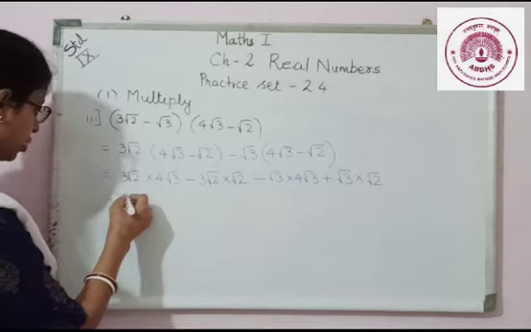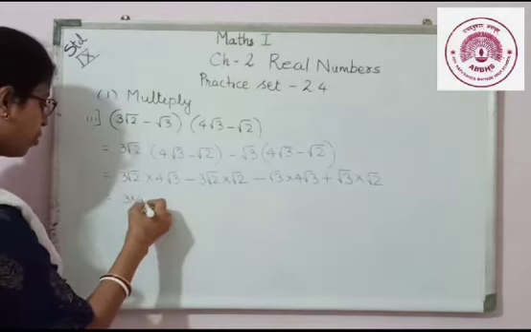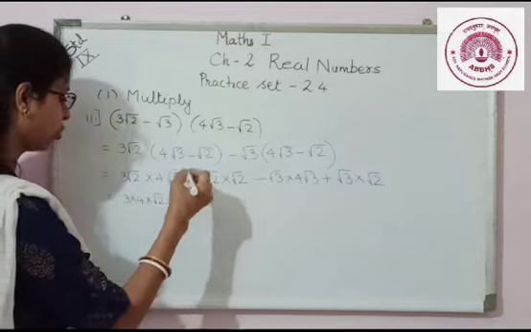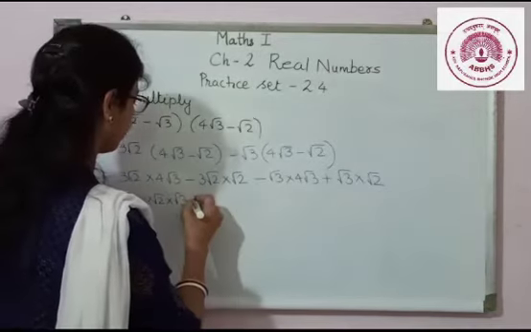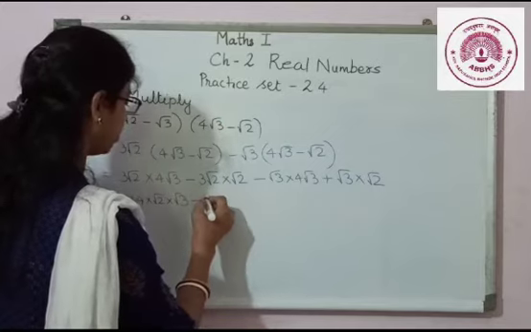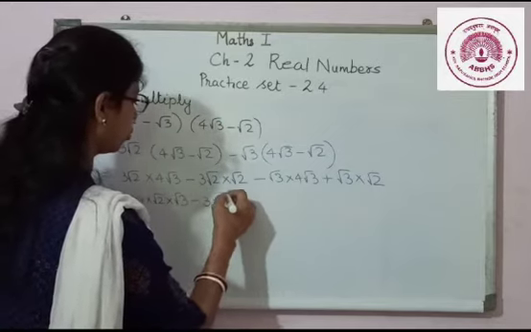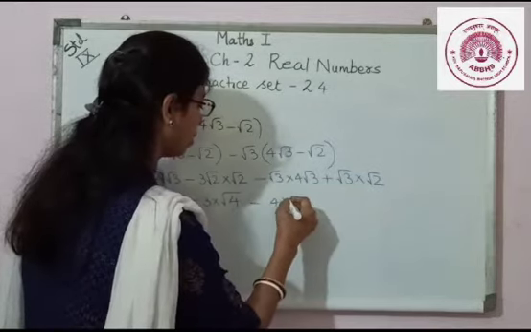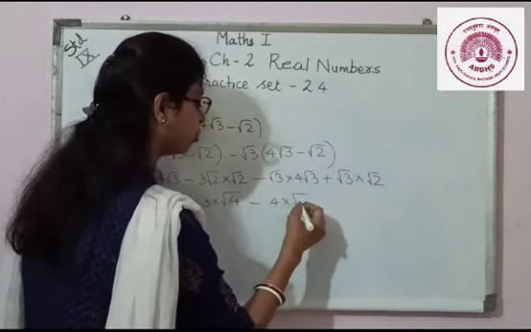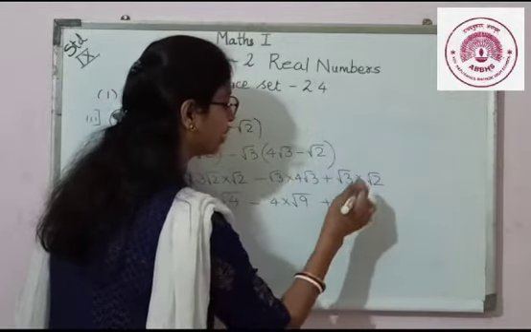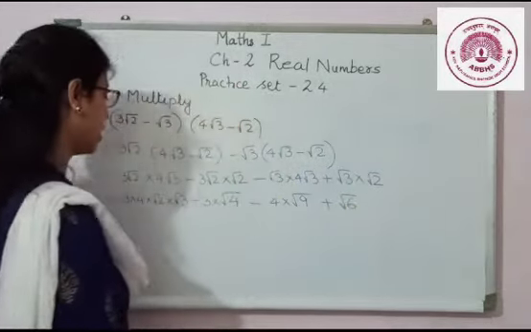Okay. So 3 multiplied by 4 into root 2 multiplied by root 3 minus, here we can multiply directly 3 multiplied by root 4 minus 4 multiplied by root 3 into root 3 is root 9 plus root 3 into root 2 is root 6.